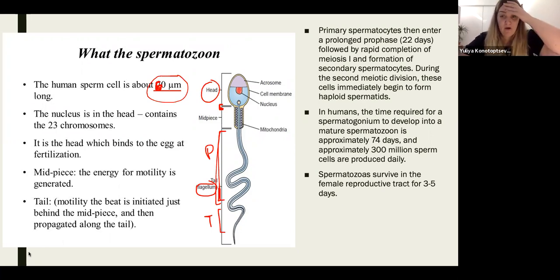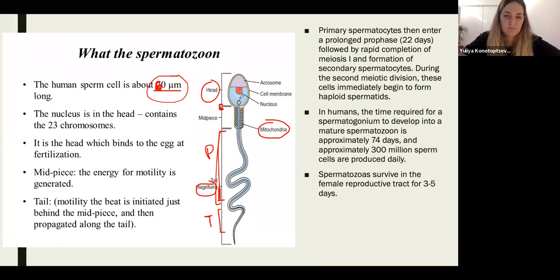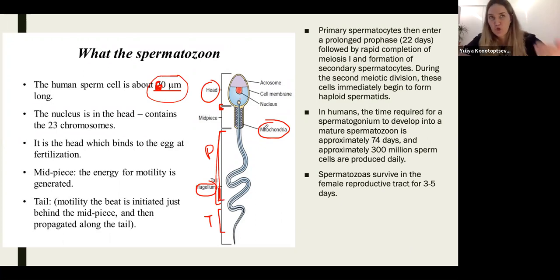So hopefully you remember our first histo self-control test. In the middle piece of the spermatozoa, we have a bunch of mitochondria. Mitochondria are present actually everywhere except the head region. In the head, you will not find a single mitochondrion. This is why mitochondrial DNA is not of the paternal inheritance, it's of the maternal, right?